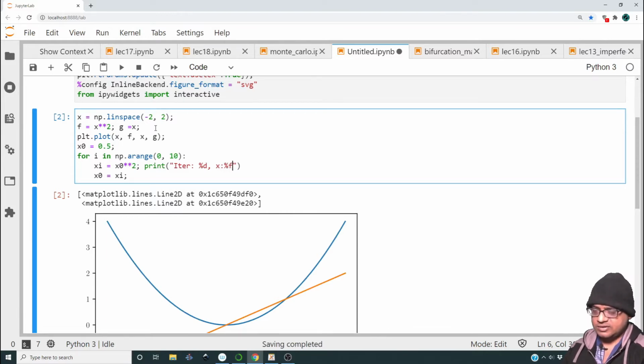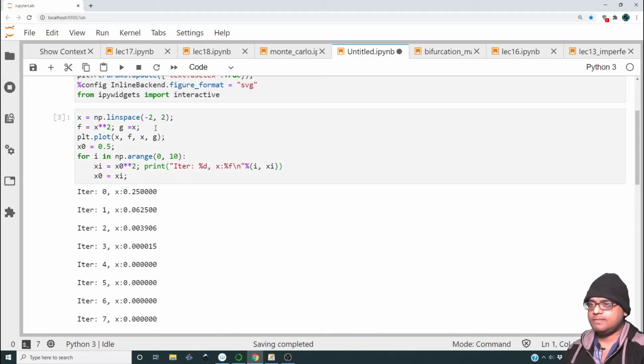So let it be percentage f, and here we will print i and we will print x i. Alright, so let me run this.